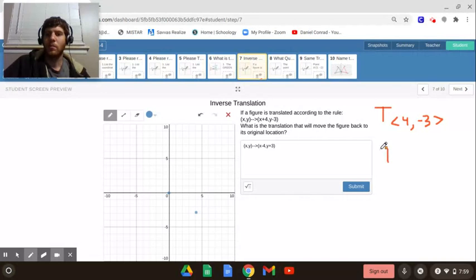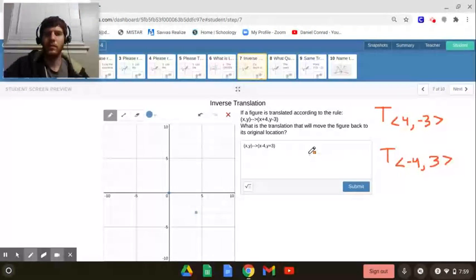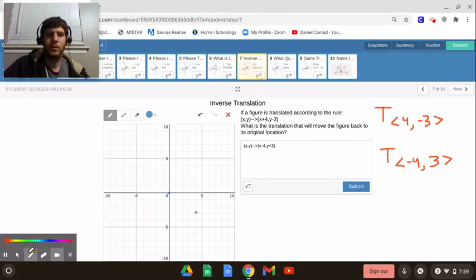To get back to the origin, we'd go left 4, so you'd put negative 4, and then up 3, you'd put positive 3. So this is coordinate notation, and this would be vector notation. Pretty simple there, I think.